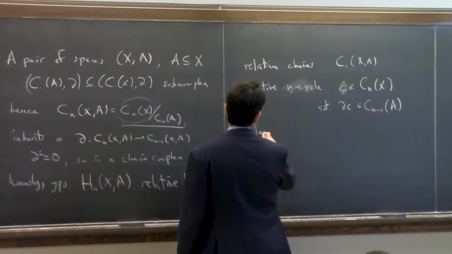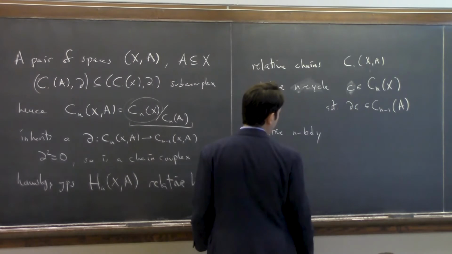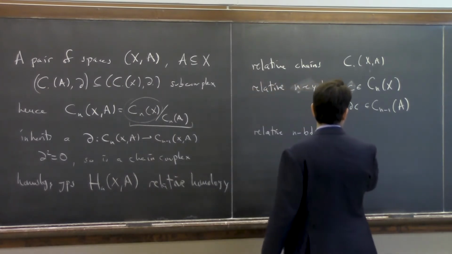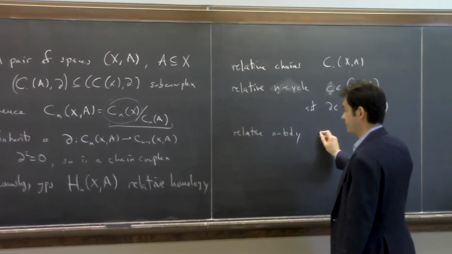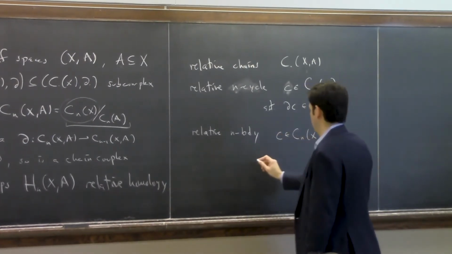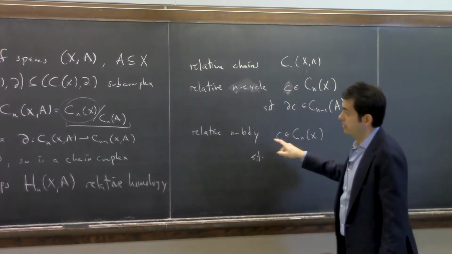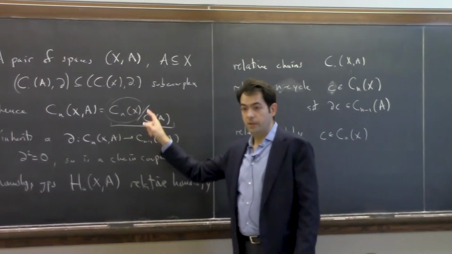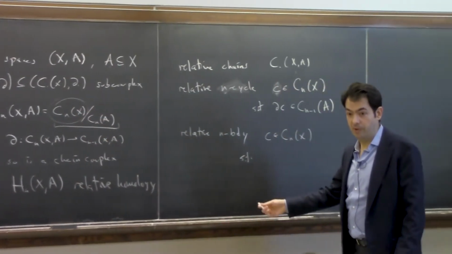Similarly, a relative n boundary is going to be anything that looks like, let's say c in C_n(X), such that the class in the quotient is in the image of the boundary map on the quotient.